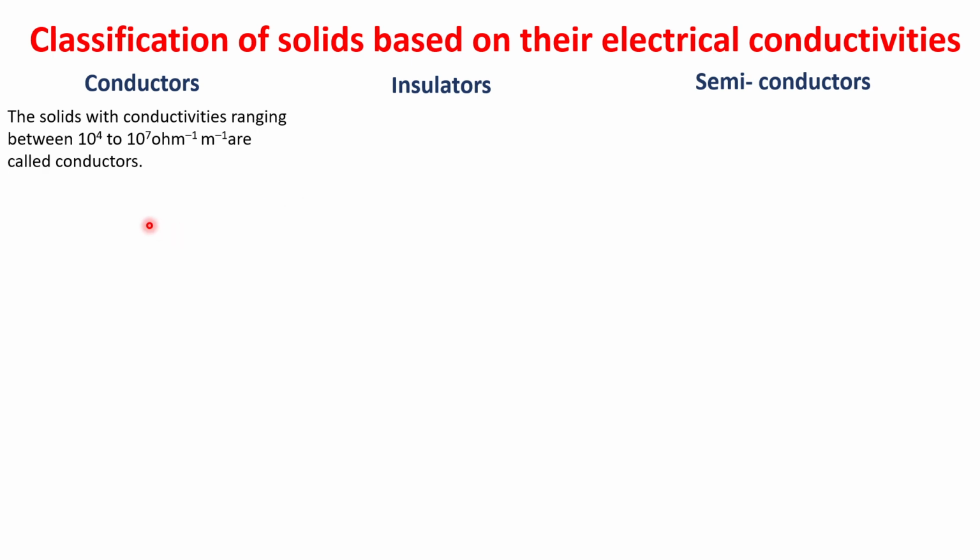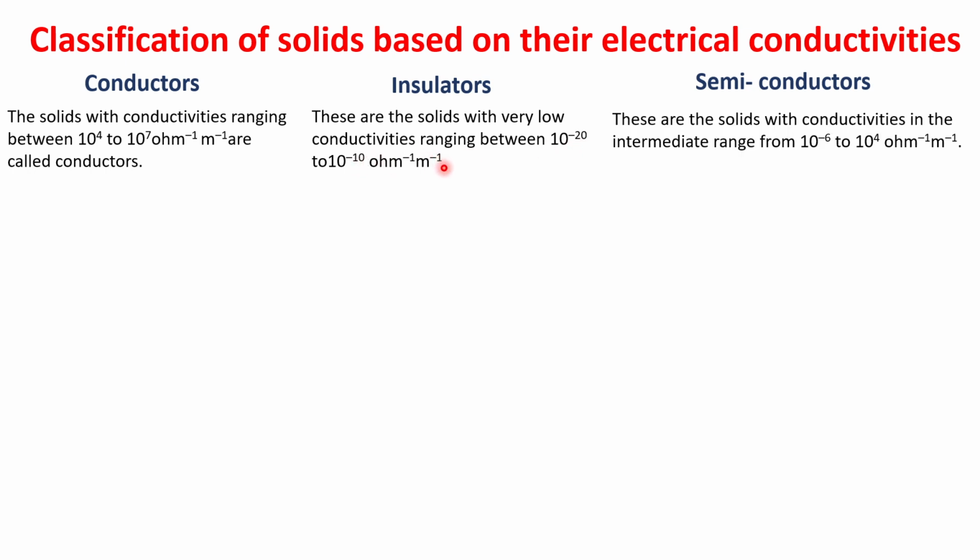Conductors are those solids having conductivities ranging between 10^4 to 10^7 ohm inverse meter inverse. Insulators are those whose conductivities range between 10^-20 to 10^-10 ohm inverse meter inverse. Semiconductors are those whose conductivities lie between 10^-6 to 10^4 ohm inverse meter inverse.